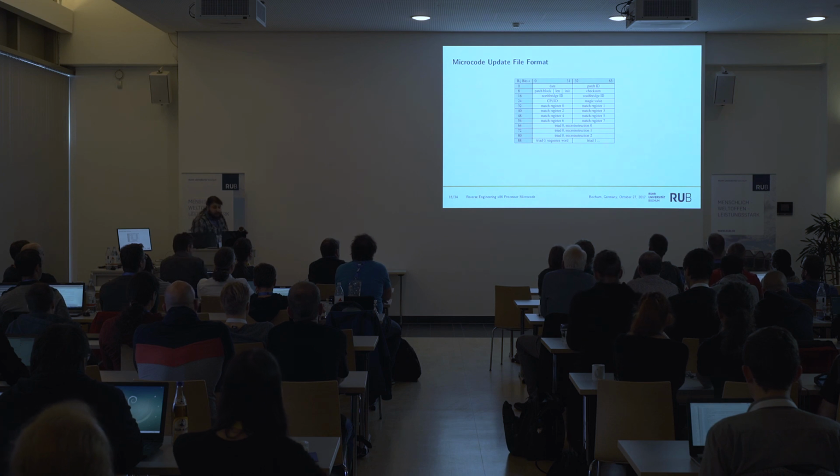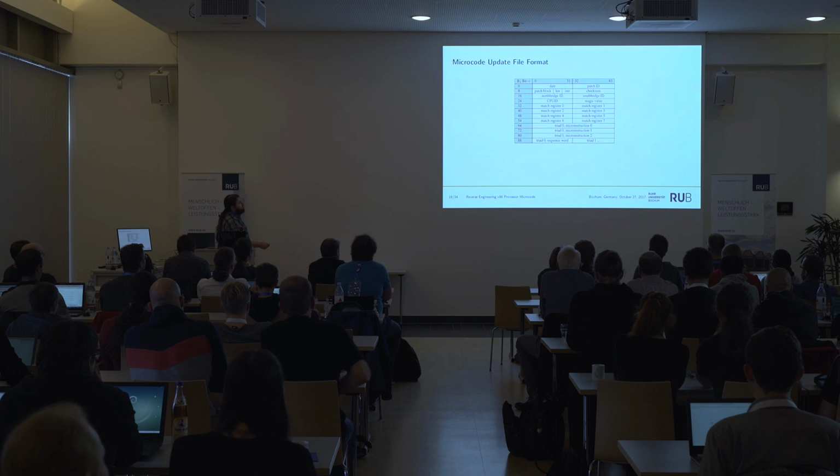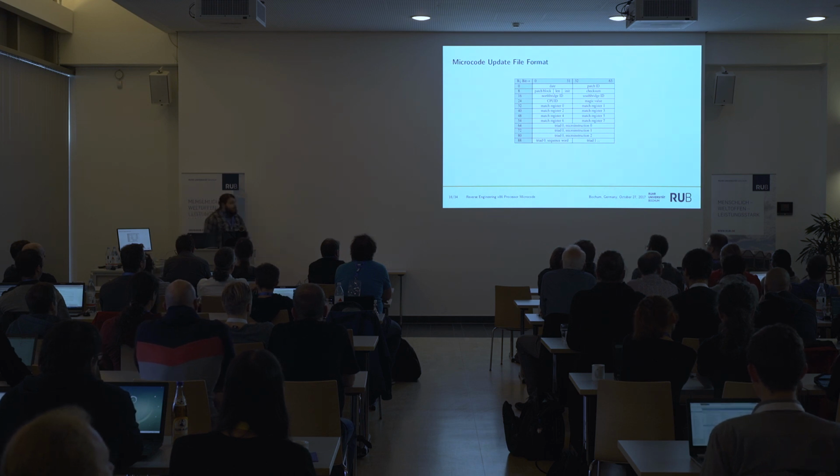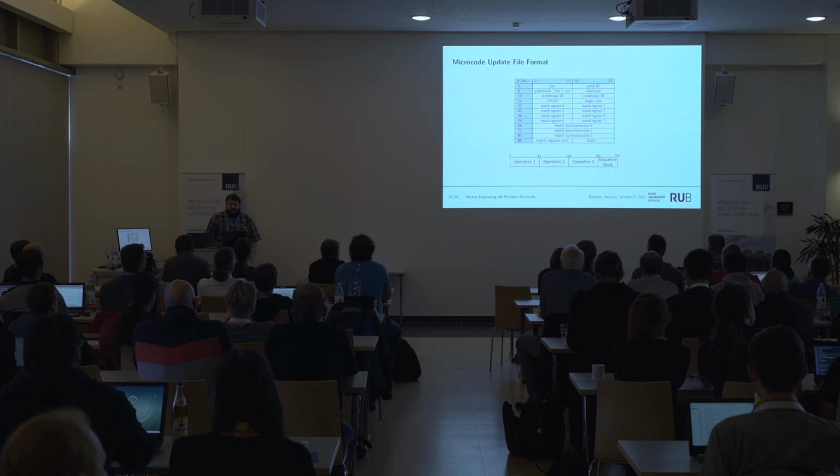So the microcode update header is also known, and the most important field is the checksum. The algorithm for this one is actually known, and the Linux kernel uses it to verify that the microcode is valid. And up until the match registers, this is known, and after that, the actual microcode starts. This structure wasn't known, and we reversed it. In the microcode, you have triads.